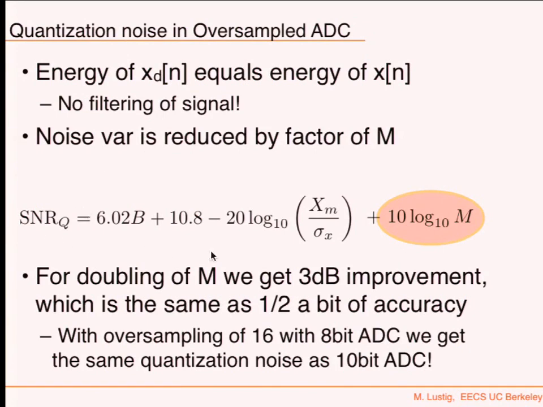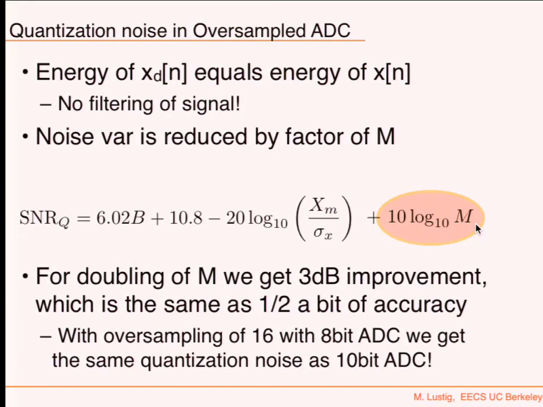So now if I write the quantization SNR, I get this extra component here that is 10 log 10 of m. Effectively, every time I double the sampling rate, I get 3 dB improvement in signal to quantization noise.